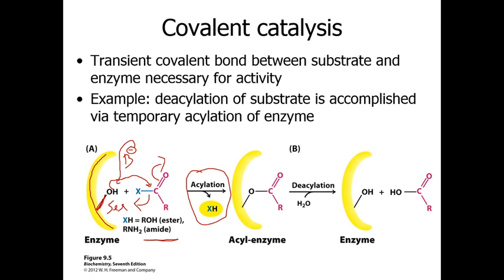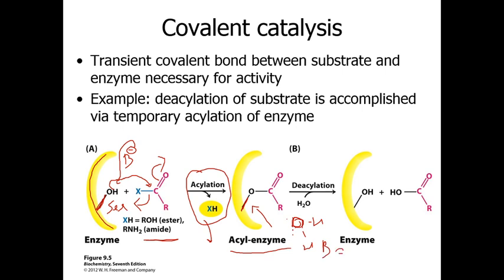And during this acylation reaction, the leaving group leaves as XH. This leaves an acyl enzyme. That is because the serine hydroxy, as shown here, is acylated. After this, water attacks, and when water attacks, a similar reaction happens. Right?